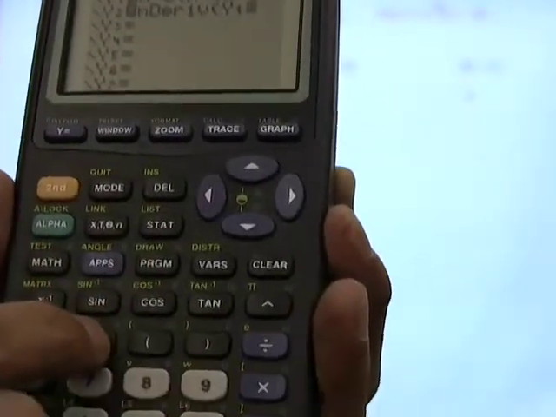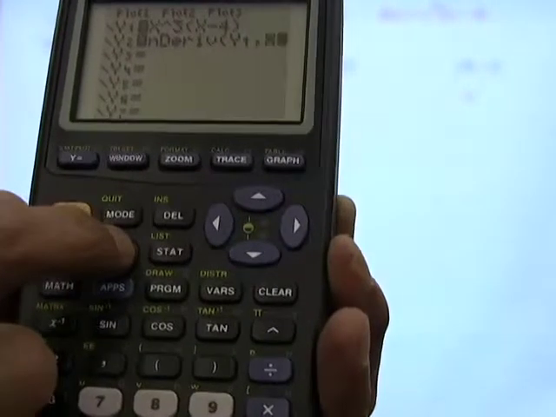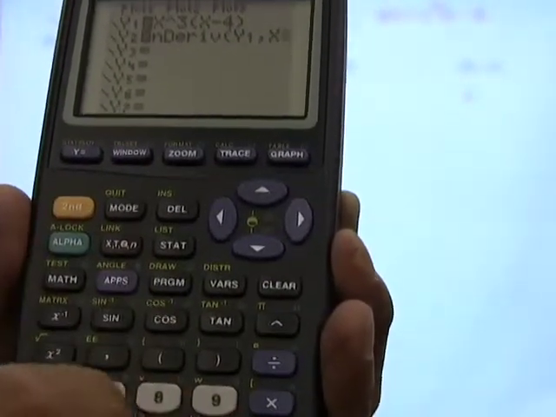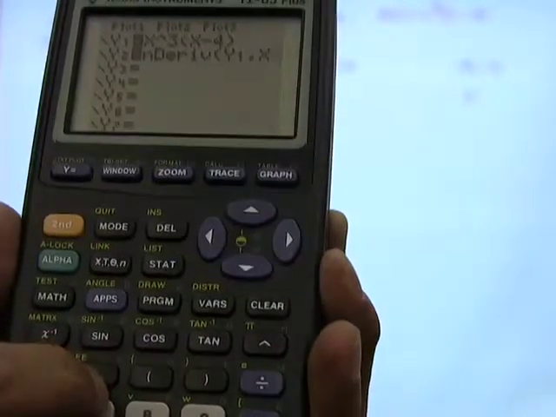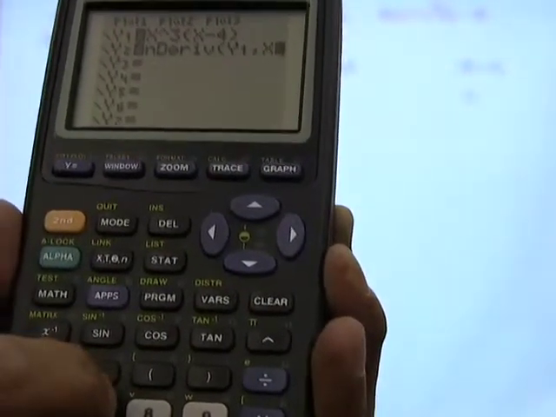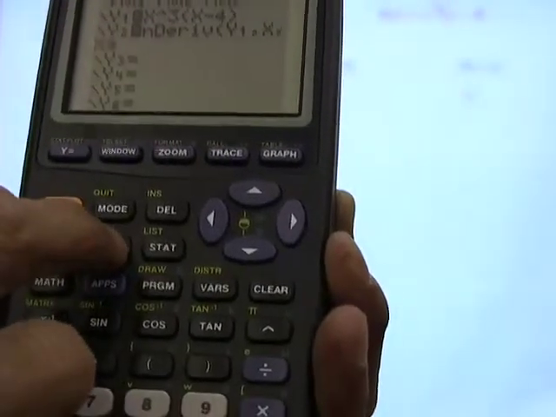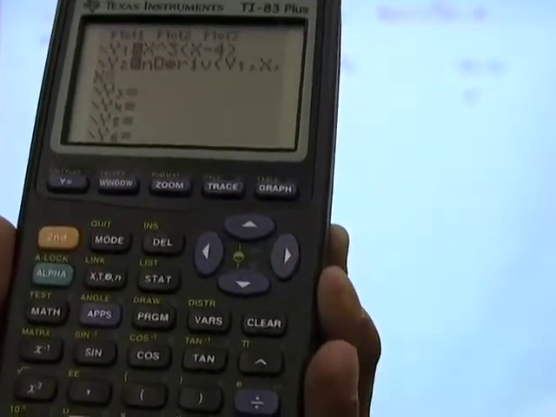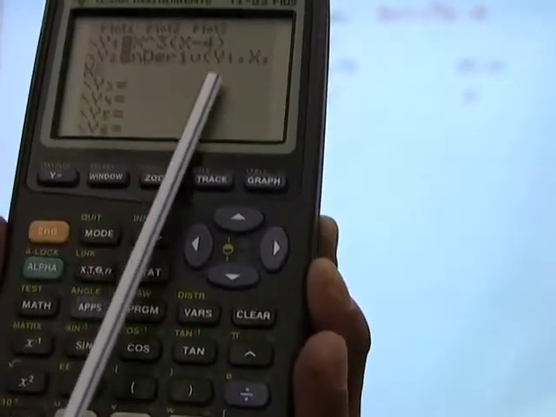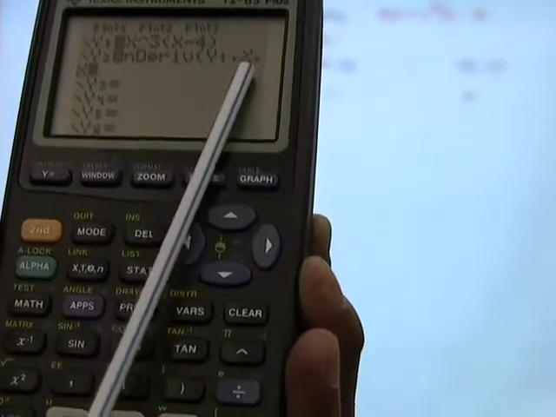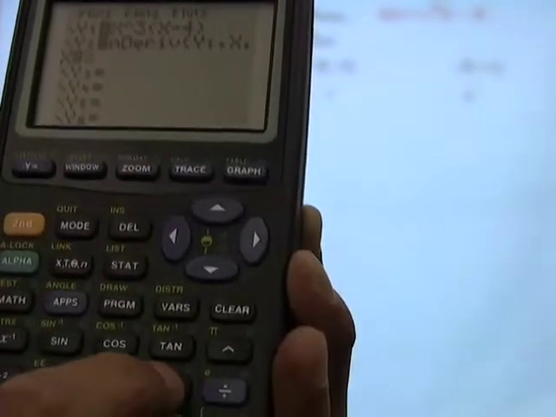Now a comma, with respect to x, and for some reason this calculator requires another x there. I don't know why. It should have been just y1 with respect to x, but it needs it, so give it. This is the way we write it: nth derivative of y1 with respect to x for x, and close the parenthesis.